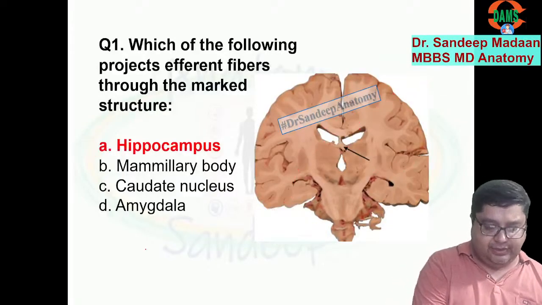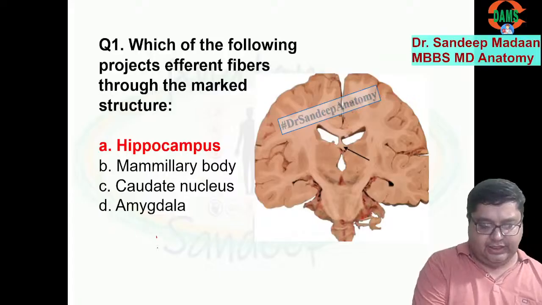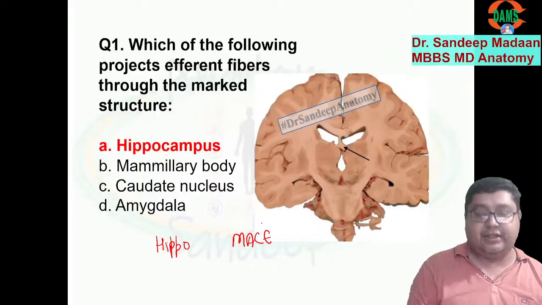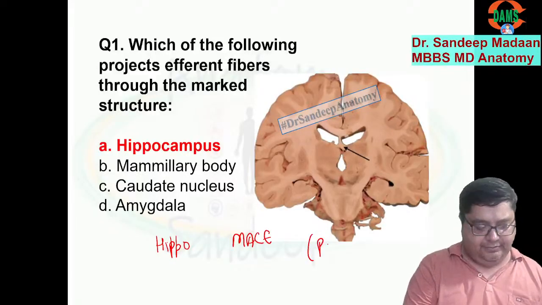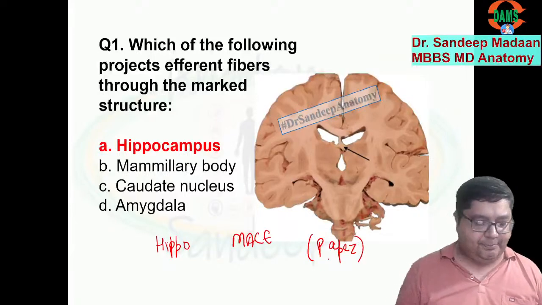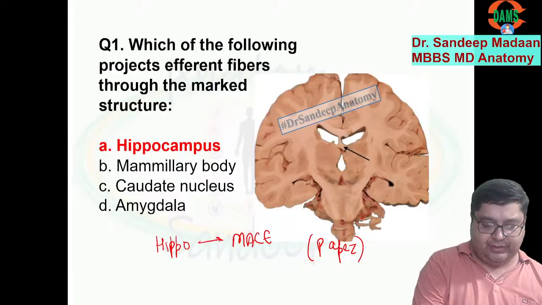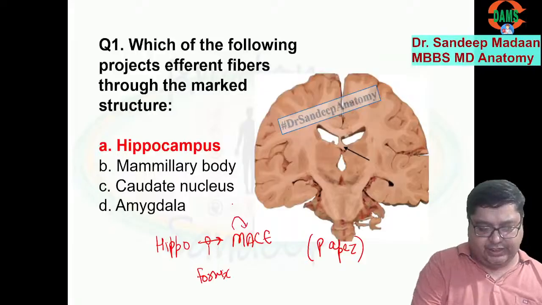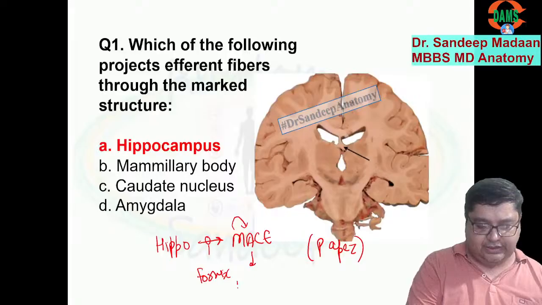And we can remember one mnemonic over here that is called hippomace. What is hippomace? Hippomace is nothing but the Papez circuit, which is concerned with memory. From the hippocampus to the mammillary body, these fibers will go in the form of fornix. And from the mammillary body, they will go to the anterior nucleus of the thalamus.